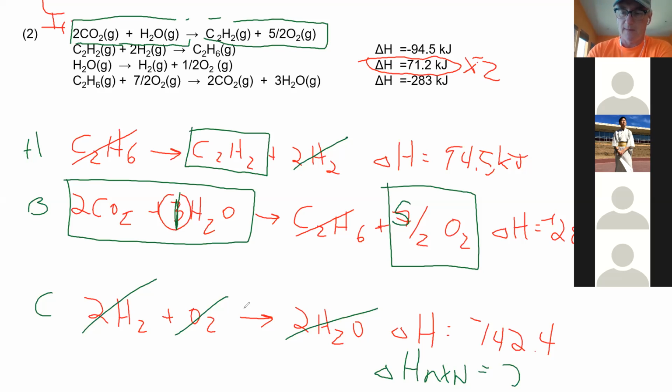Yep. So just as we suspected, that is an endothermic reaction, and that makes perfect sense because it's the opposite of a combustion reaction, and so it's going to be positive. So this first reaction is plus 235 kilojoules.